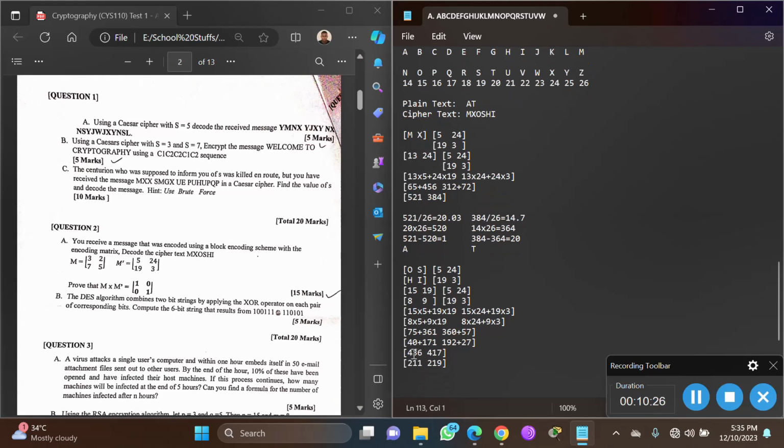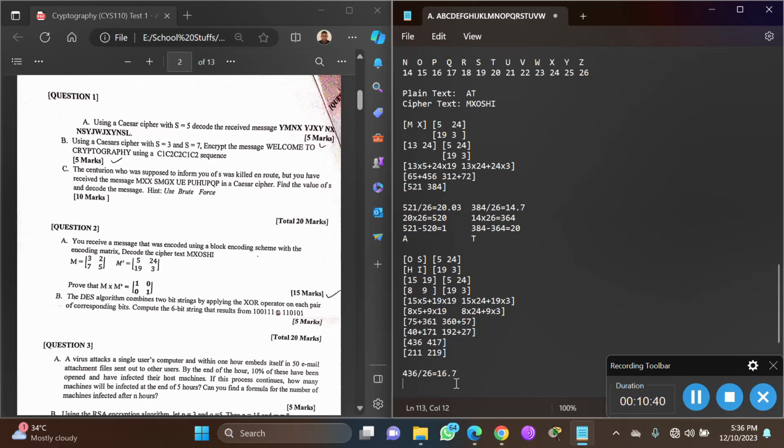So we start with this, which is 436, then we divide it by 26, so we get 16.7. Then we take that 16 without the point, then we say times 26, so we get 416.